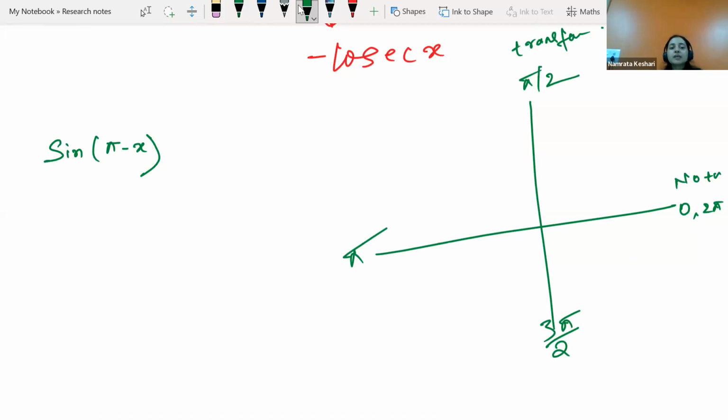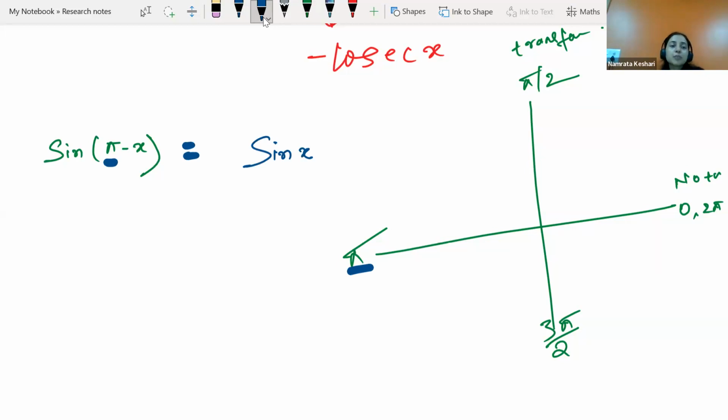With pi, we know this lies on the x-axis. Ali and Alina, can you see this pi? Yes, ma'am. It's lying on the x-axis and there no transformation occurs. That means the function will not change. Sine will remain sine.